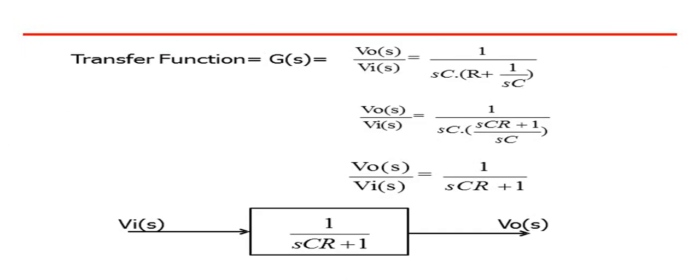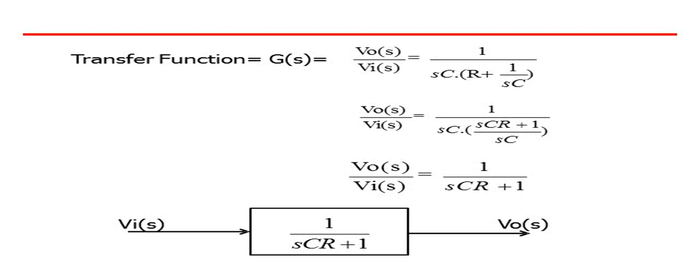Then, as we know, the transfer function is V0(s) divided by Vi(s), output divided by input, so that is 1/(sC(R + 1/sC)). By simplifying this, we get the transfer function as 1/(sCR + 1).